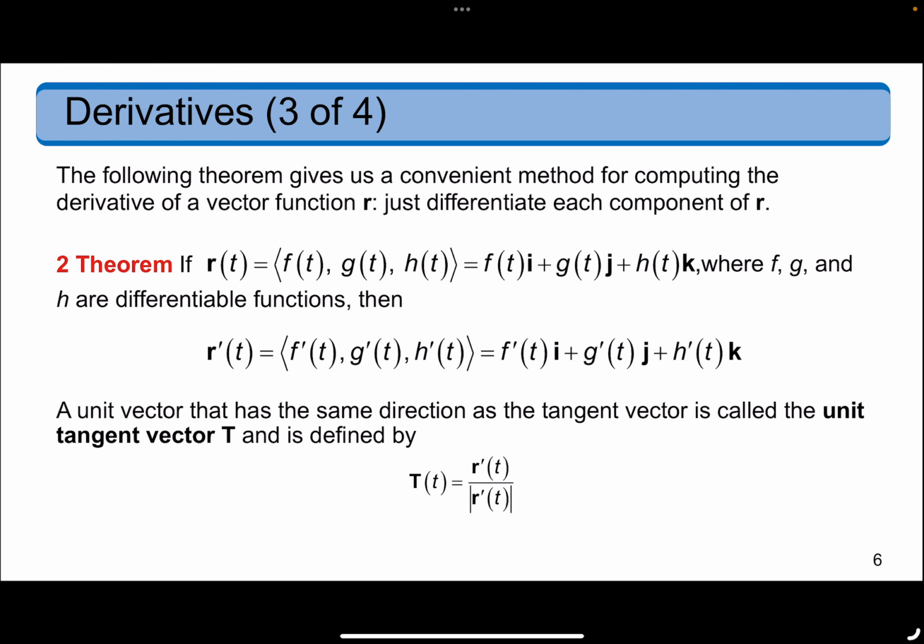The following theorem gives us a convenient method for computing the derivative of a vector function r. Just differentiate each component of r.